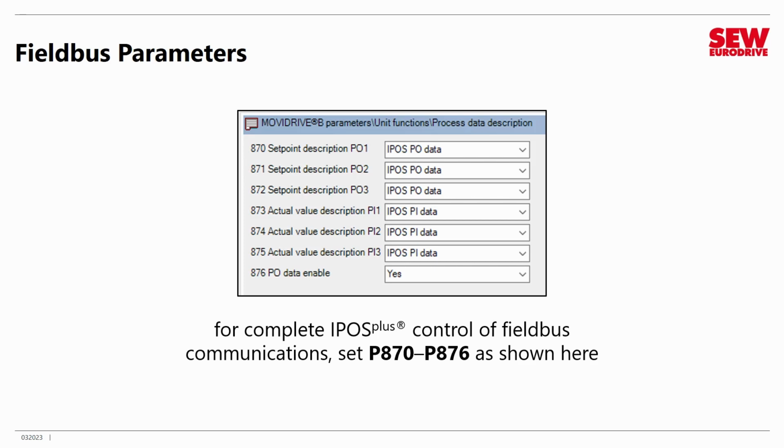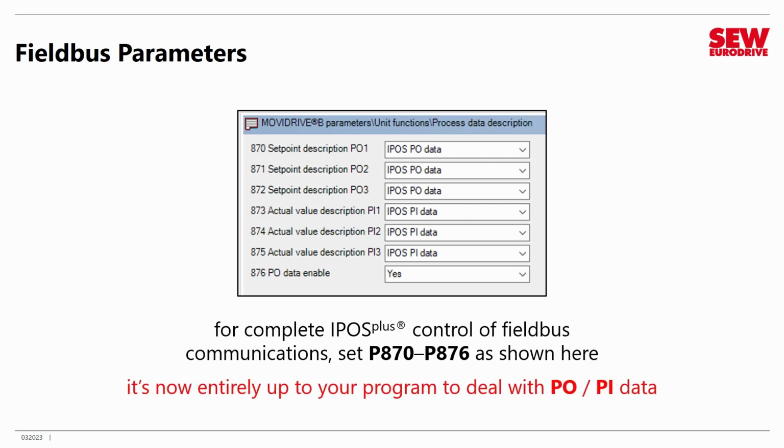And of course, if you have an Ethernet Fieldbus card, then you have to go in and set its IP address perhaps. If you're using a classic Fieldbus card, usually addressing is set with dip switches. Once you've done all this, it's now entirely up to your program to deal with process output and process input data. You read the POs coming from the Fieldbus and you write PIs back onto the Fieldbus. And really, that is it.